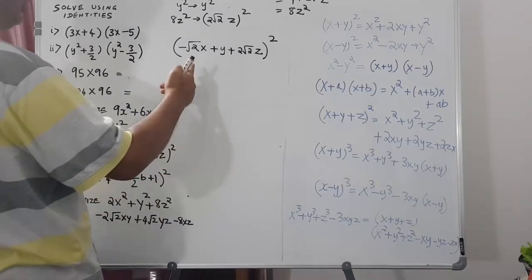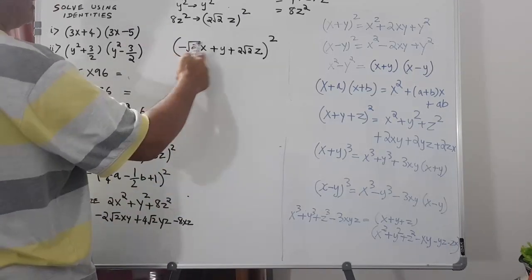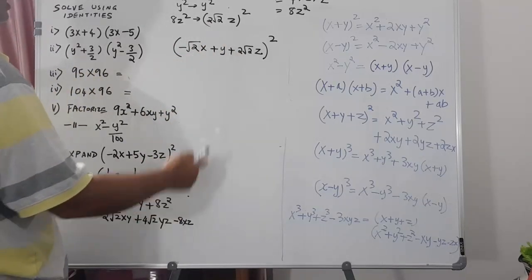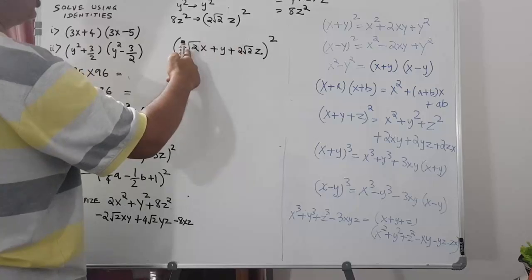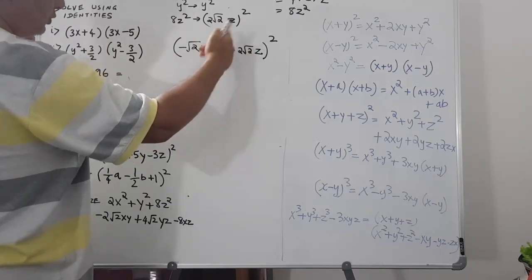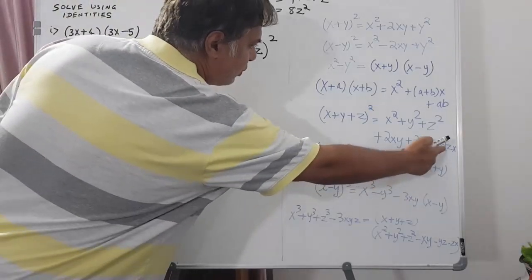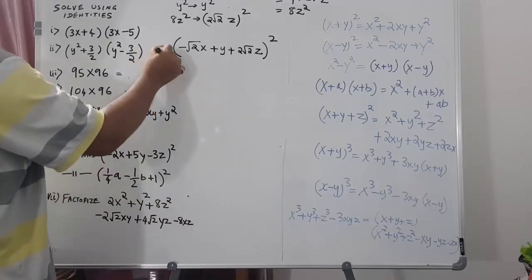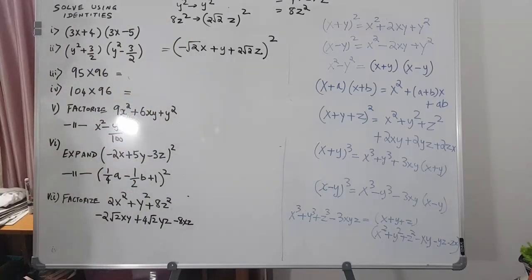And when you want to calculate these two, multiplication of these two into 2, you get a minus sign as required, then you will get 2 root 2 into root 2, that is 2 into 2, that is 4 into 2, which is a part of this equation here, and x and z terms are here. Okay, so we have factorized it like this.